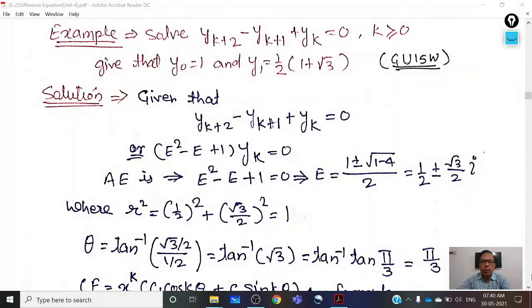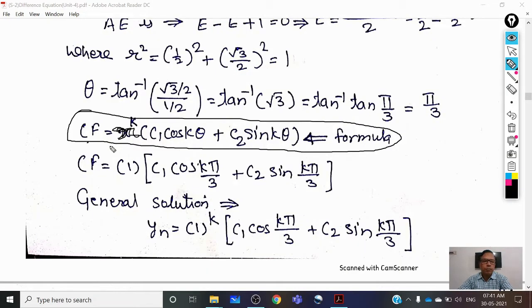And we know that the complementary function is r^k (c1 cos kθ + c2 sin kθ). So by using this formula, CF is equal to 1^k (c1 cos(kπ/3) + c2 sin(kπ/3)), and the general solution is given by y = CF + PI.